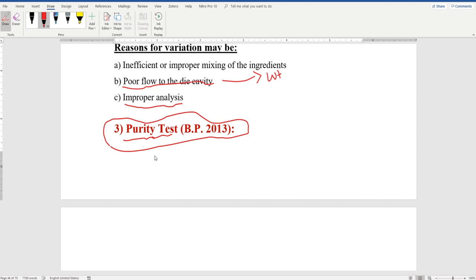Normally, when you purchase the material, they will tell you that it's, for example, at least 99% pure. You want to check the impurities. There may be some impurities associated with the raw material.